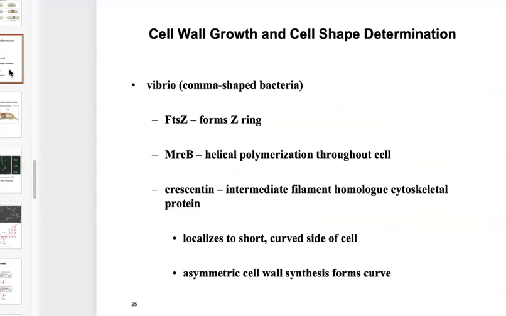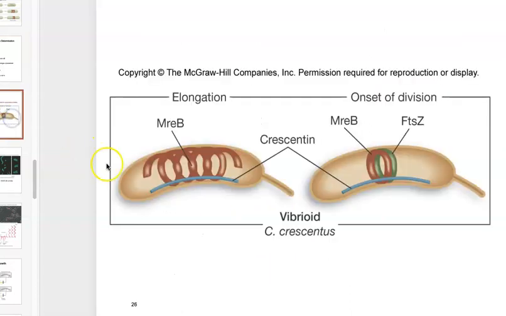So there's some variations to the theme here, where again you have FtsZ that forms the Z ring. MreB is the helical polymerization protein that facilitates chromosomal segregation and cell shape and so forth. But other cytoskeletal elements like crescentin can also occur in some microbes, and they cause certain bacteria to have a curved sidewall, for example, as illustrated here.